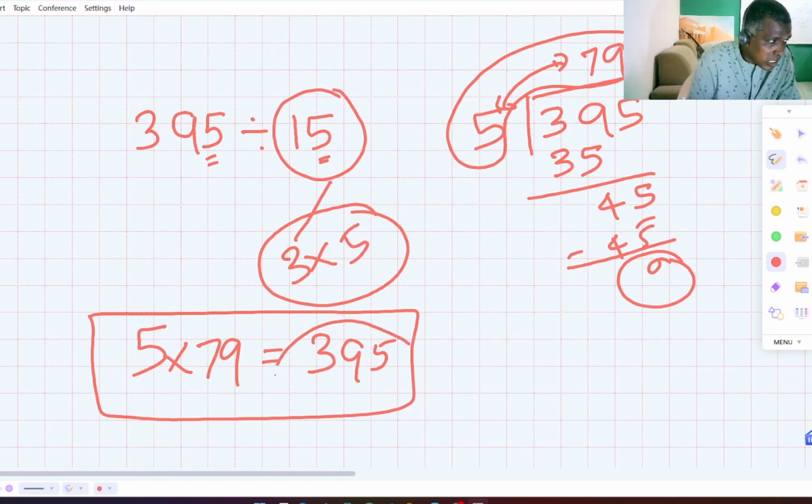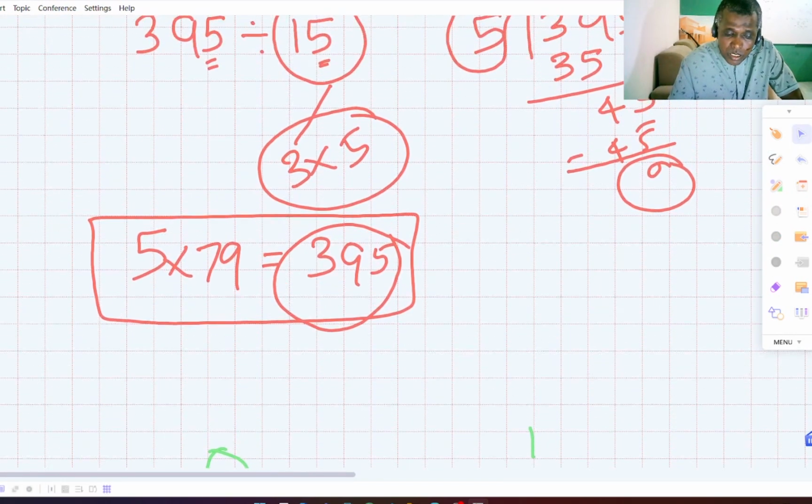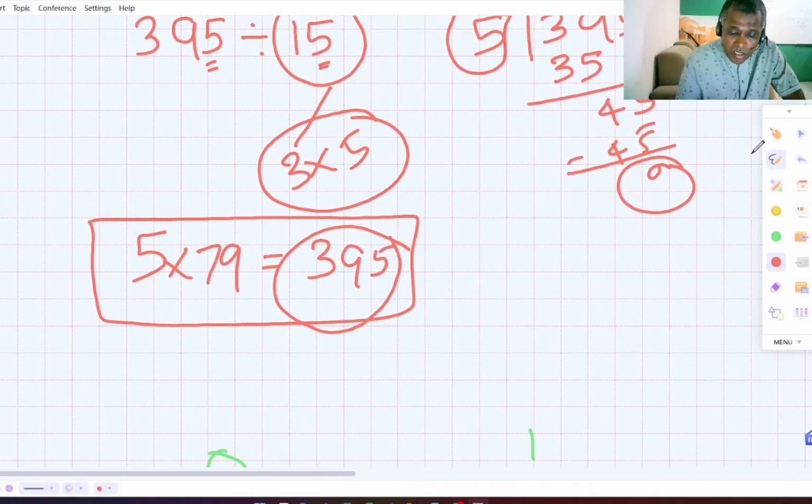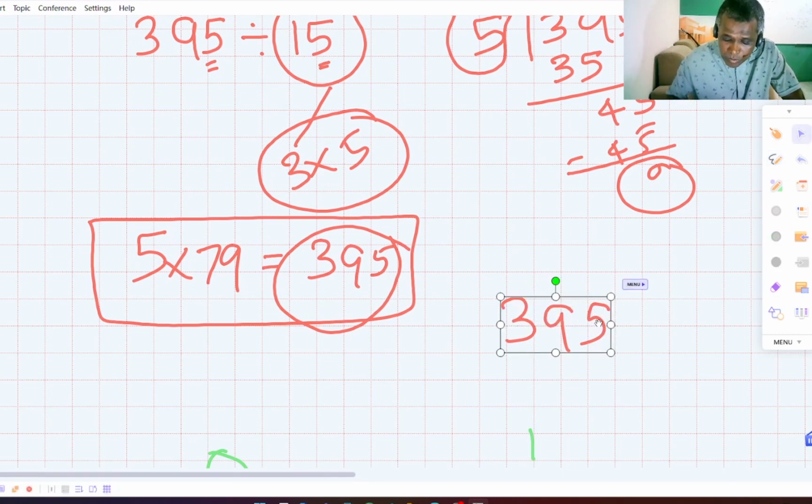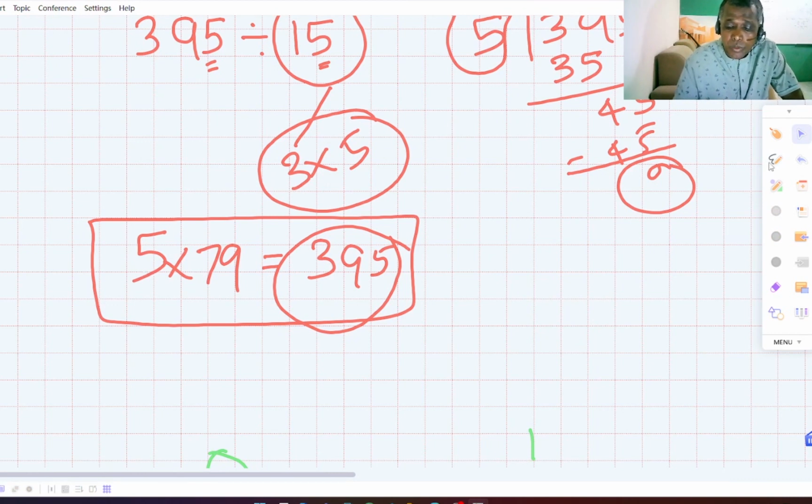This number, 395, you want to divide by 15. Okay, I am writing it now in a different way. You want to divide 395 by 15. Instead of 395, I can write 5 times 79.